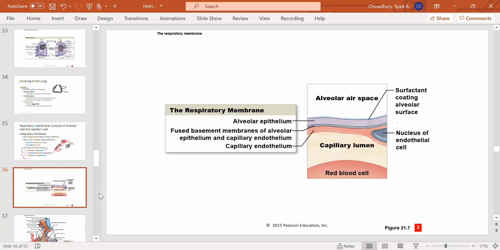So here you see the same thing. Fused basement membrane is this one in between, and this is the alveolar epithelium, this is the capillary endothelium. Okay, so from the alveolus, O2 goes to the blood, and from the blood CO2 goes to the alveolus.